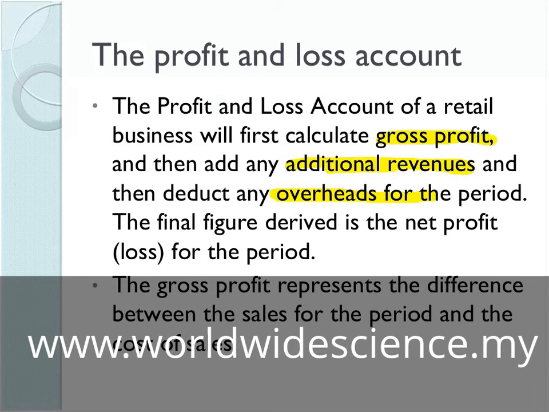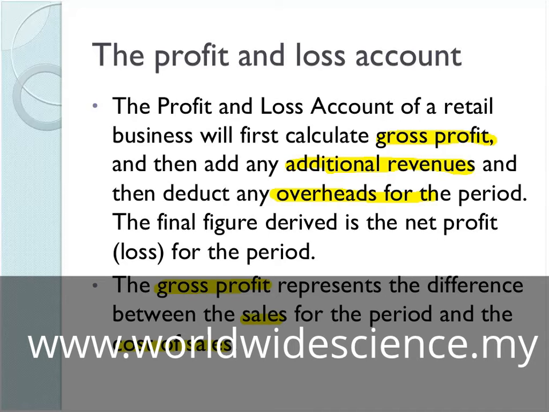The gross profit represents the difference between the sales of the period and the cost of sales. The formula for gross profit is the sales minus the cost of sales. This is for retail businesses. Some of you asked me whether the profit and loss account is the same as the income statement.